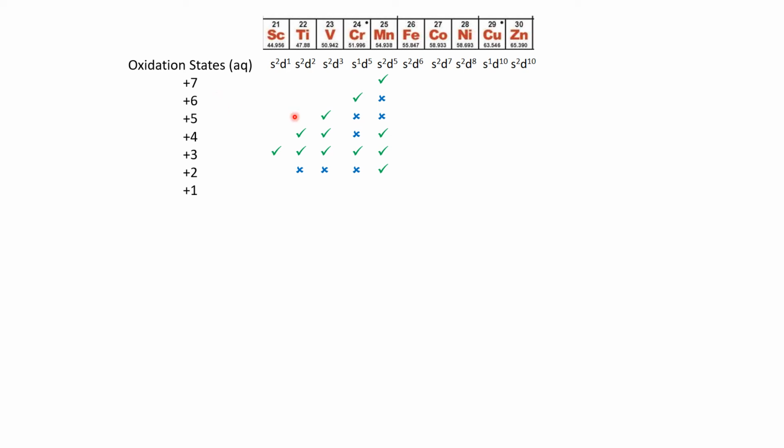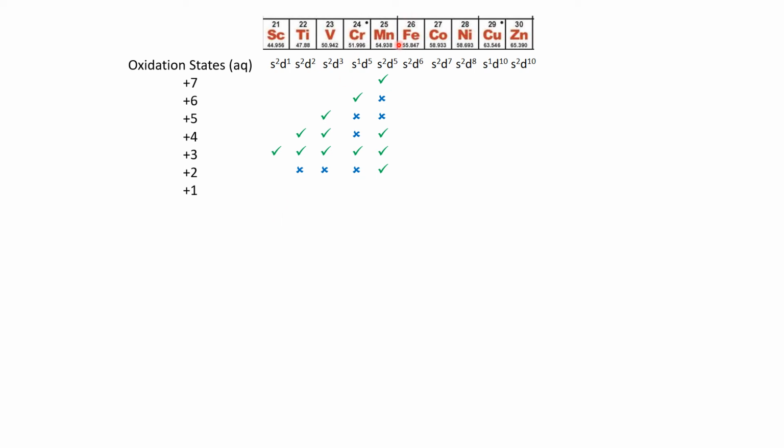And manganese, very happy to have 4+, 3+ slightly less so. You can see 6+ and 5+ even. The crosses are ones that you can see, but they're not hugely common. The ticks are ones that you see and are common. So lots and lots of oxidation states available to the early transition metals, and it's going to be important that you can recognize which oxidation state a particular metal is in.